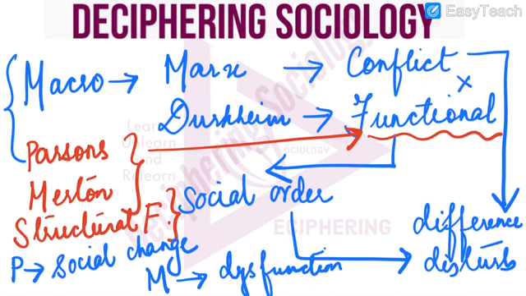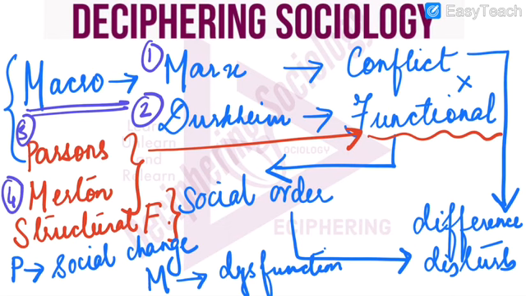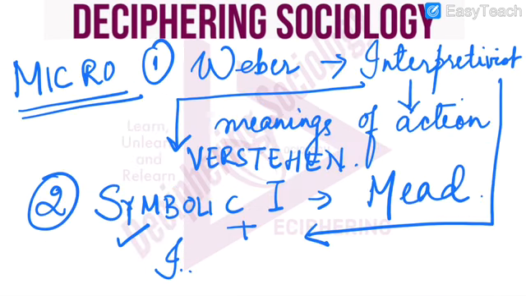So, to summarize, in the macro theories, we have Marx first, second Durkheim, third Parsons, fourth Merton. In the micro theorists, we have Weber and we have Mead. So, when you understand the relationship between these thinkers, when you understand the background, only then you can connect them and it is easier for you to understand and recall these thinkers.